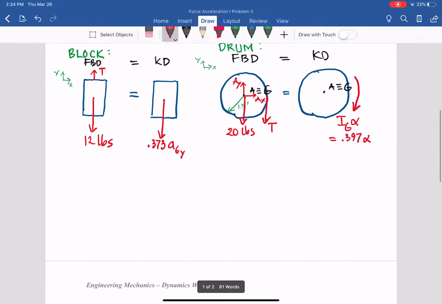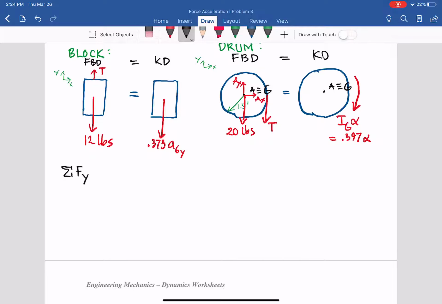So let's write the equations side by side. For the block, the only meaningful equation is in the y direction. Of course you can do sum of forces in x, or moment, but there is nothing there. Let's assume it is going down.